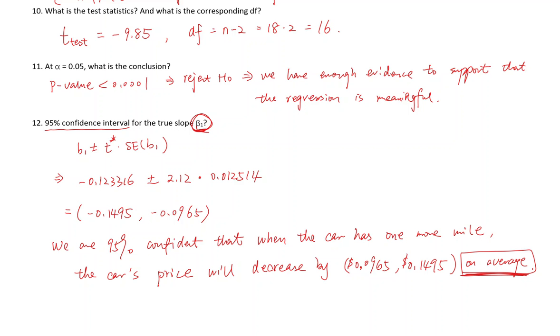You will have two in-class assignments. The first one is just to fill in the blanks. The second one will have very similar questions to your exam. It will be combined with the simple linear regression and the multiple regression, so be careful about the difference. That's all I want to talk about for now. If you have any questions, just let me know.